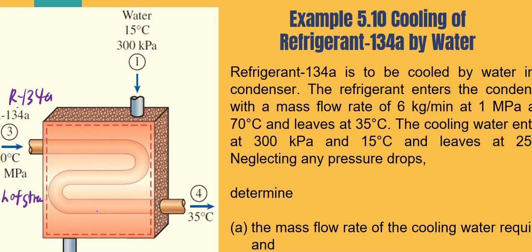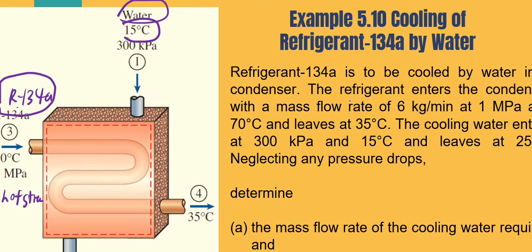This requires cooling, but you have another stream, water, that requires heating because you want to increase the temperature. So you can increase the temperature of water by absorbing heat from refrigerant 134a, which is your hot stream.